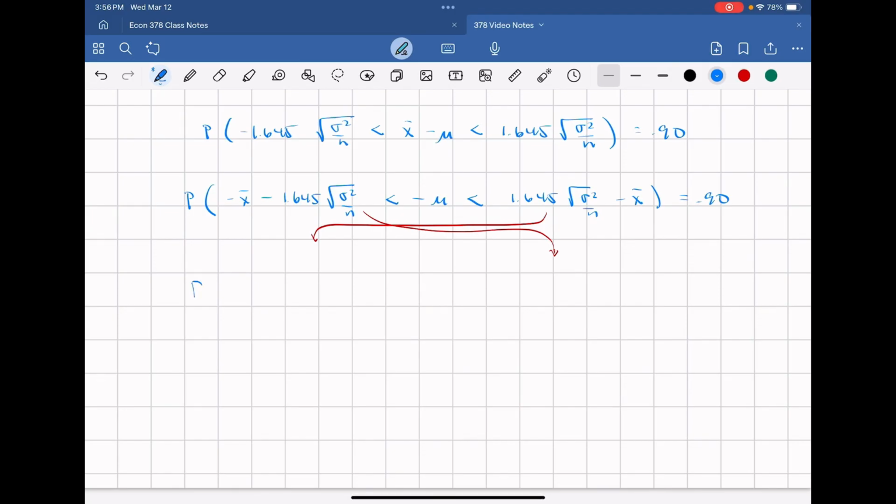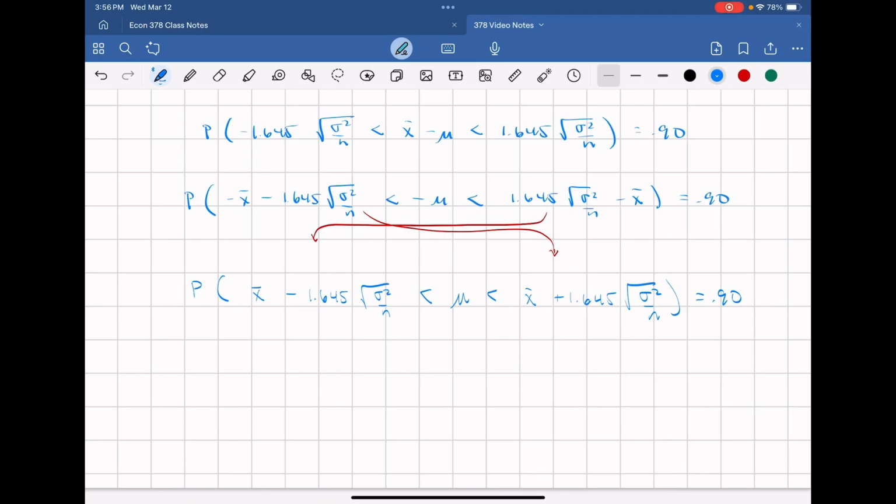This is where we get the probability that x bar minus 1.645 times the square root of sigma squared over n is less than mu, which is less than x bar plus 1.645 times the square root of sigma squared over n, equals 0.90.